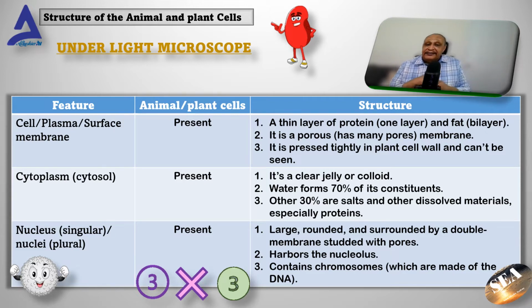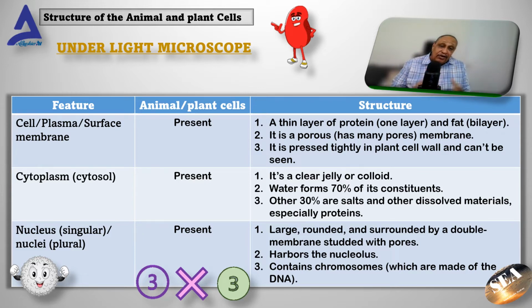The nucleus is large, present in both cells, and surrounded by a double membrane studded by pores. It harbors the nucleolus. The nucleolus is not found in your book, but it is a little structure present inside the nucleus and it also contains the chromosomes, and the chromosomes are made of DNA.